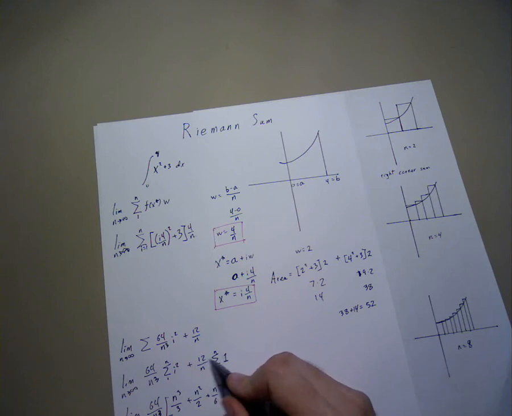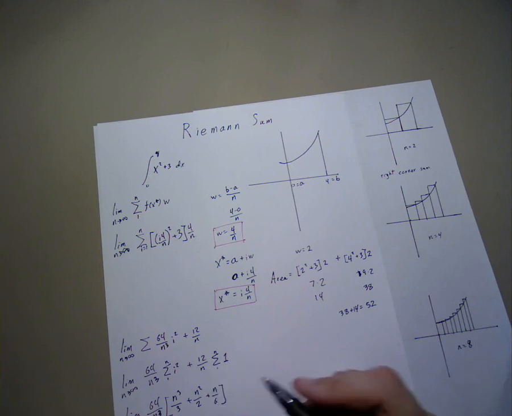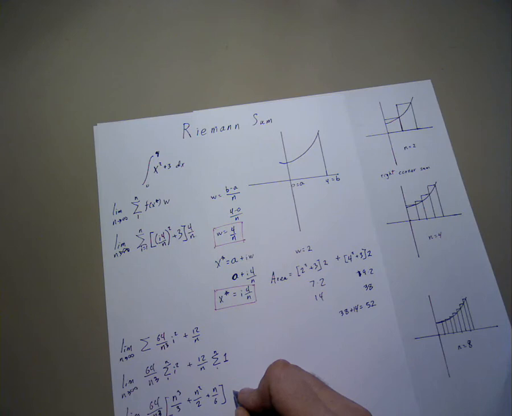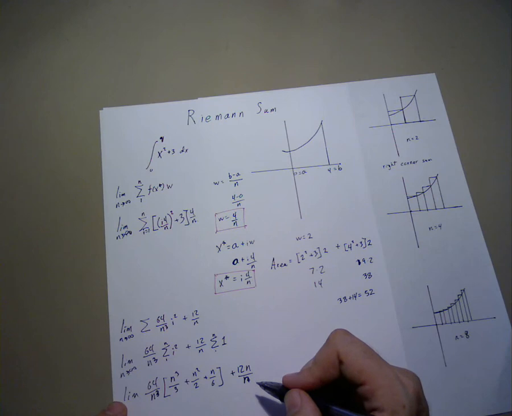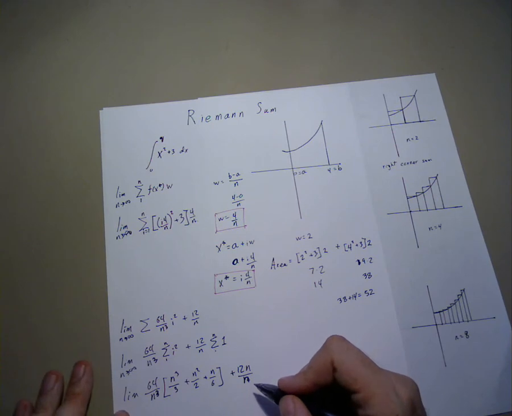So we get 12n over n. n over n is 1, so this really just becomes 12. Okay.